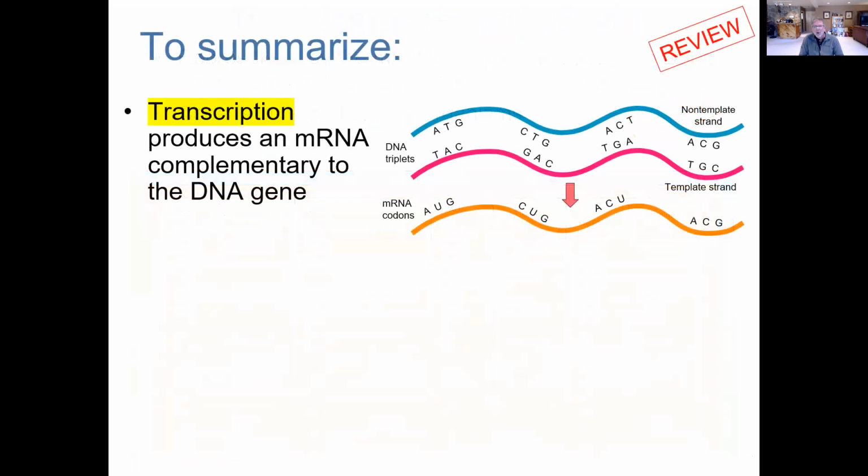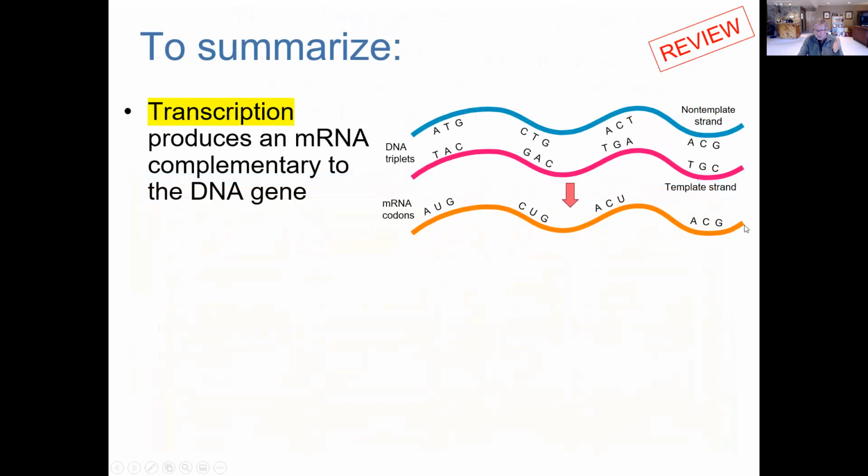Okay, so to summarize, we talked about how in transcription, one of the 2 parent strands is utilized as a template or a mold for the formation of messenger RNA. And in our example, we said the pink strand of the DNA was that strand that acted as a template or a mold.